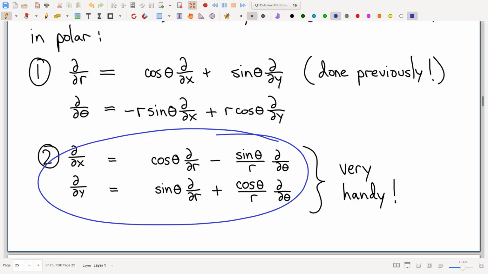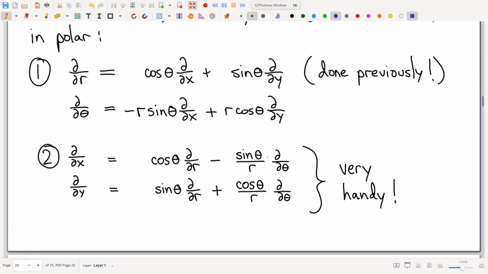Let's take polar partials because they're easy. Just keep it honest, adjust accordingly and multiply by these factors. And then, boom, there's your rectangular partials. It makes your life a lot simpler. Okay, so that's where the formula comes from.